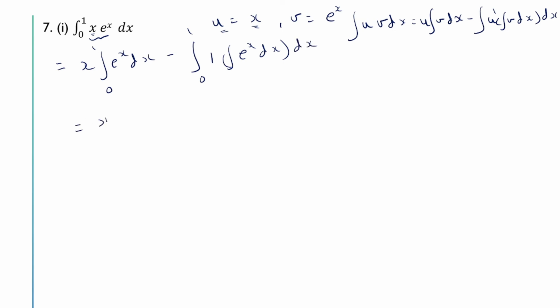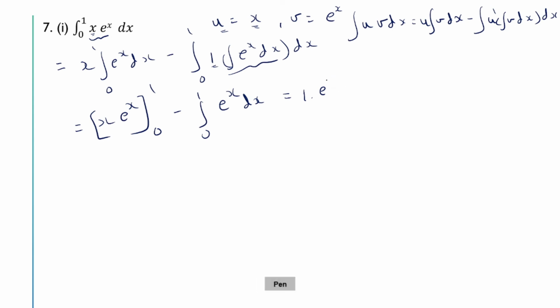So this is equal to x e raised to x with the limits minus integral 0 to 1. Here 1 into integral e raised to x dx will be again e raised to x dx. So this is equal to, you can substitute the upper limit, so it is 1 into e raised to 1 minus 0 into e raised to 0, which is 0.